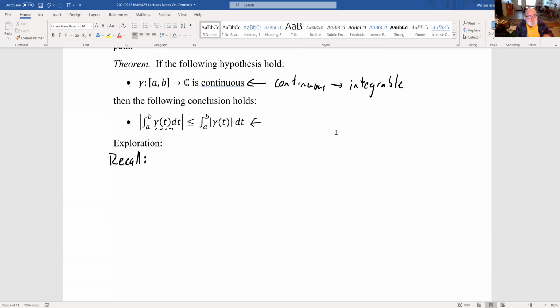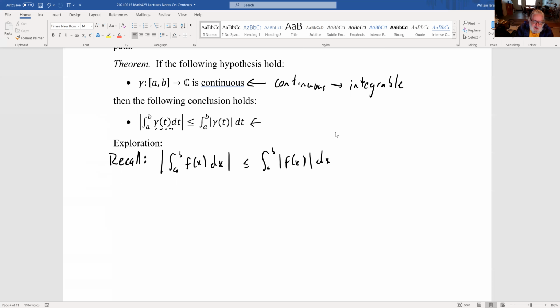Gamma of t is a real part plus an imaginary part. The actual integration is on the real part, and the i just sort of floats around as a constant. So we'd expect that this result that we have from calculus should carry over. Whether the dx is inside or not is not that important.